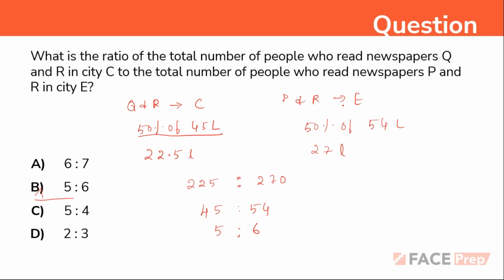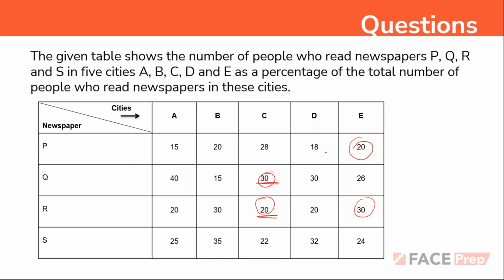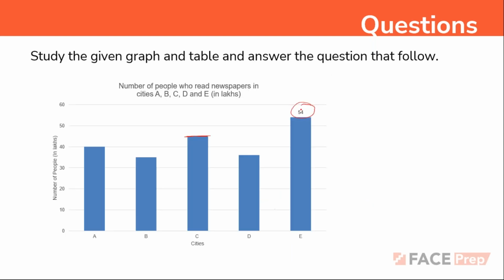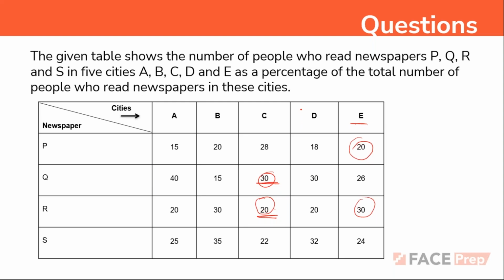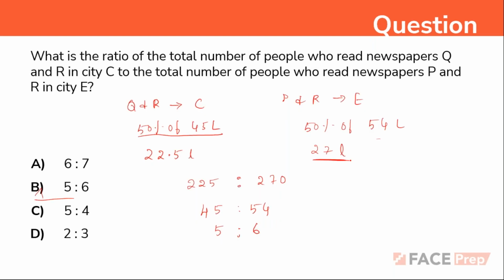Now P and R in city E. P is 20 and R is 30, again 50% of city E. In city E it is 54 lakhs. So 50% of 54 lakhs is 27 lakhs. Now I need to find the ratio between 22.5 and 27. To make it easier, I have taken it as 225 and 270. So if we calculate the ratio, we will be getting 5:6.